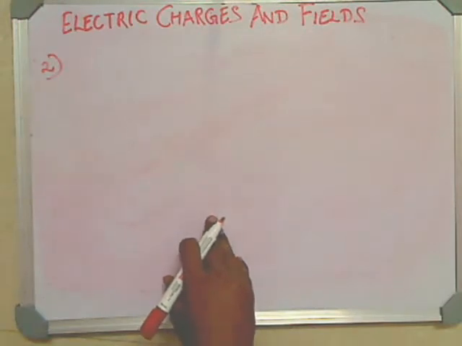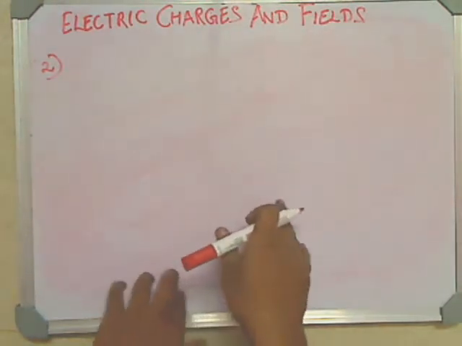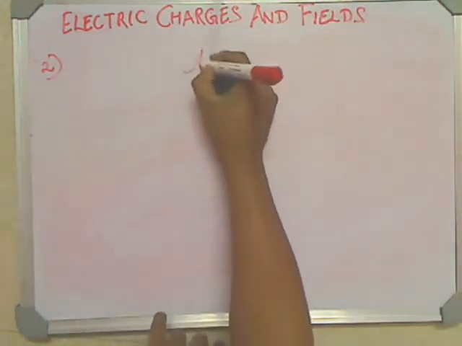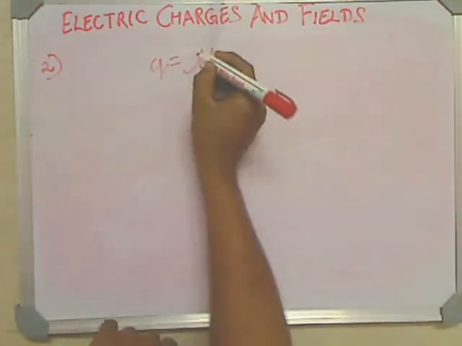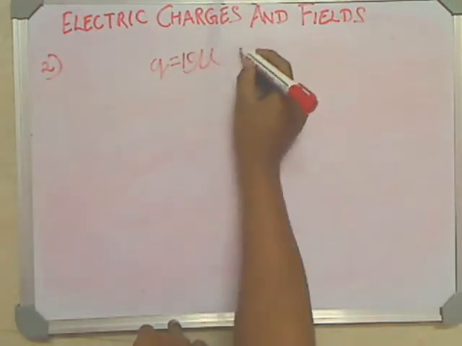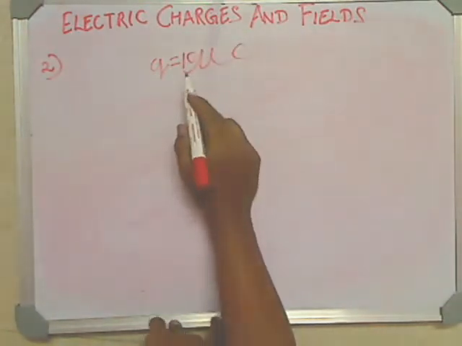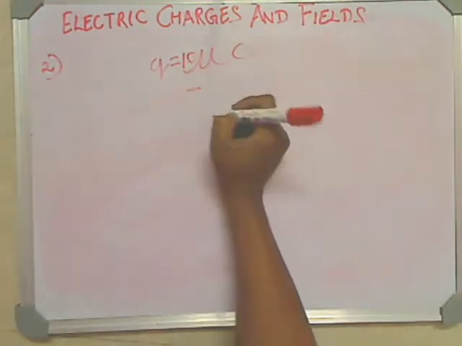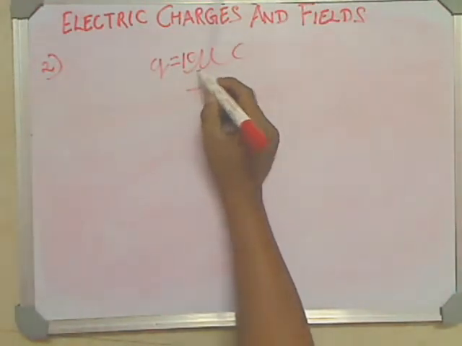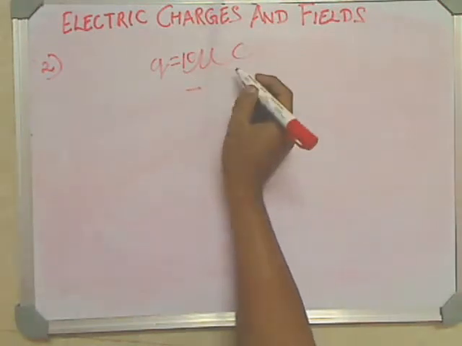Okay, I'm sorry, this is not millicoulomb, it is in fact micro. Okay, micro is this. So, the value of Q is 10 microcoulomb. Also remember, in some of the problems they would have given you the value of the charge as negative, say negative 10 microcoulomb, or positive.